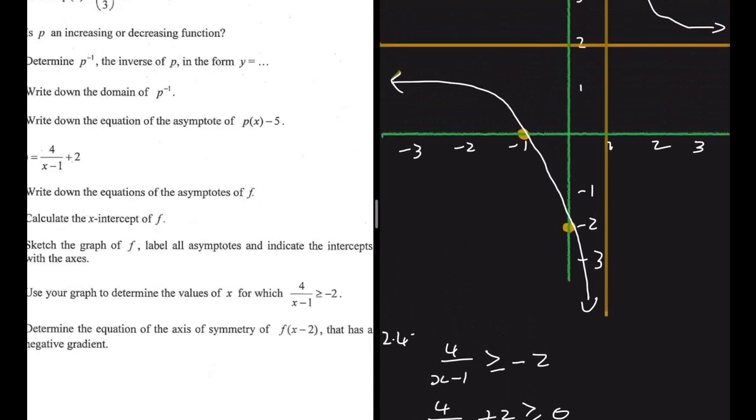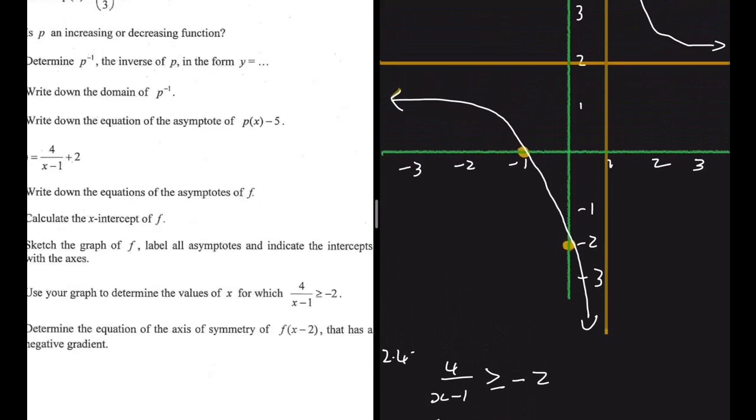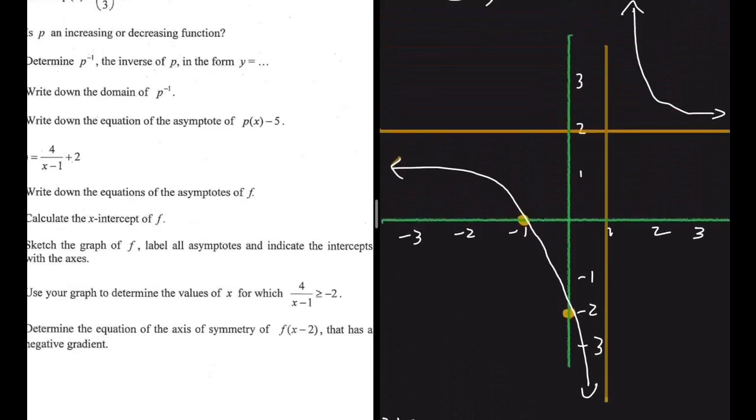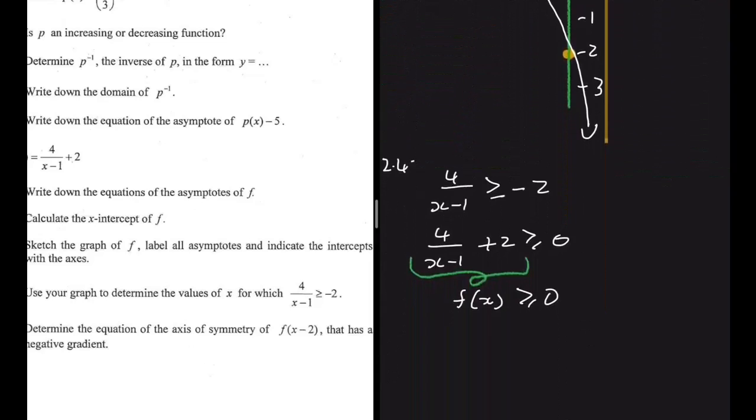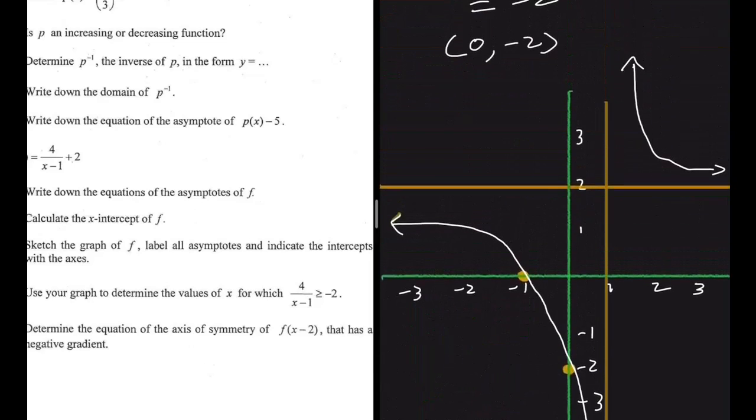Right, so let's go to our function and look for the values of x for which our function is greater than or equal to 0, right? We can see that for this entire part of the function, it is greater than 0, right? And then here from minus 1, if we go to that side, our function will be greater than 0, right?